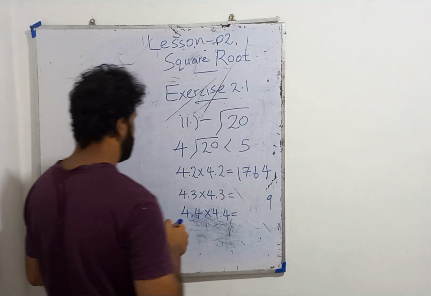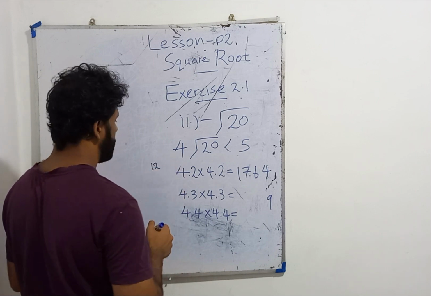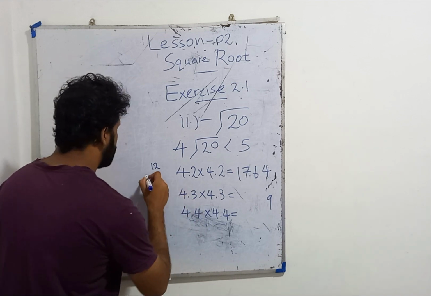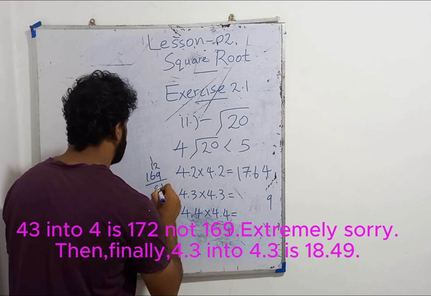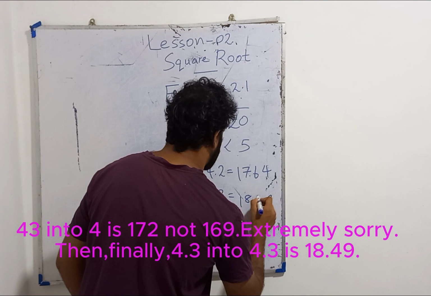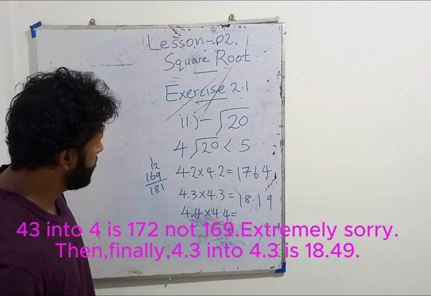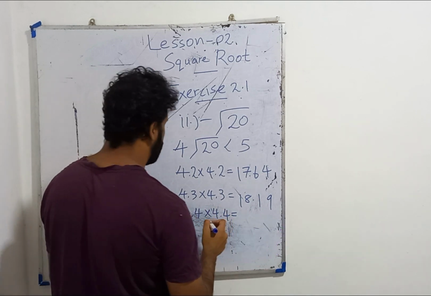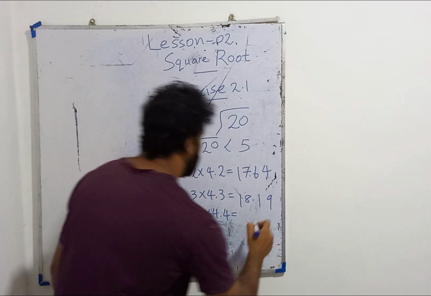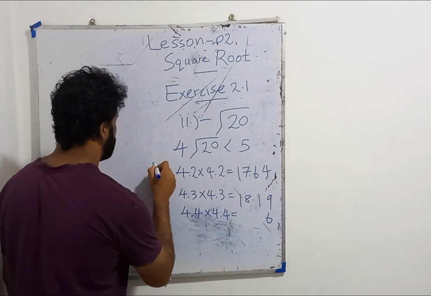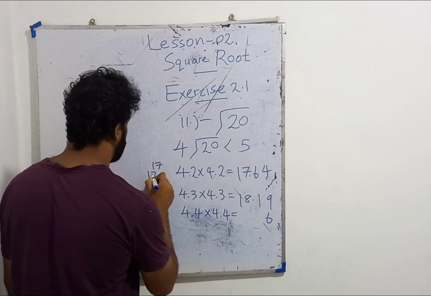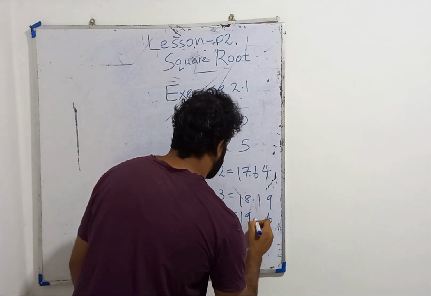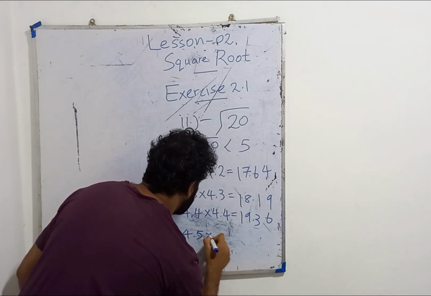Then 43 times 4 is 172, so we get 18.49. Then 44 times 44 gives 19.36. Little further, 4.5 into 4.5.